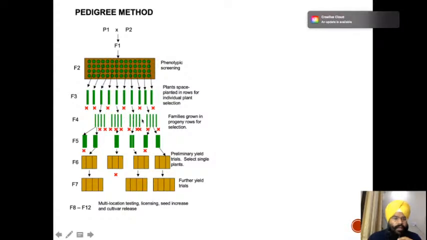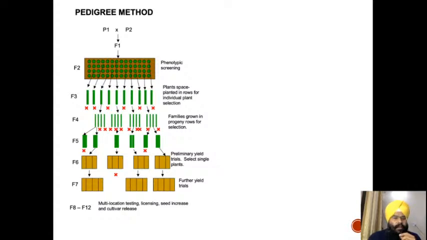rows for selection in the F4. Out of them again, we're not selecting some. So we take some two plants like here, one plant from here, one plant from here, and one plant from here. And we are not again selecting in the F5 generation. Then in the F6 generation, preliminary yield trials are done.